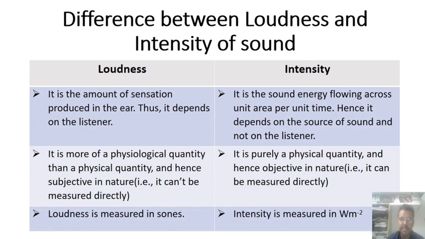Next, the difference between loudness and intensity of sound. Loudness is the amount of sensation produced in the ear, so it depends on the listener. Intensity is the sound energy flowing across an area per unit time, hence it depends on the source of sound and not on the listener.